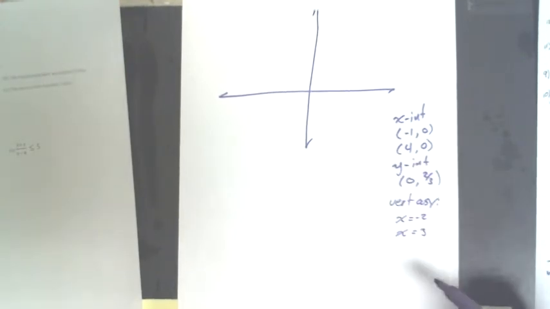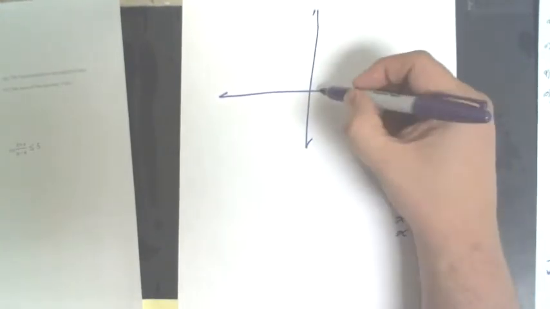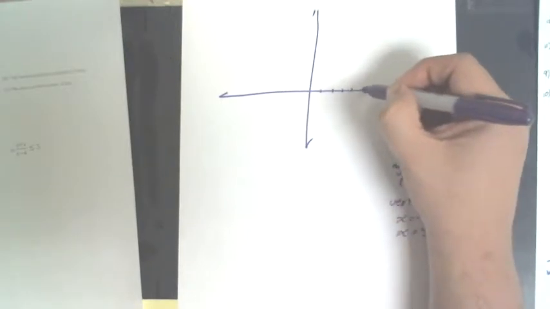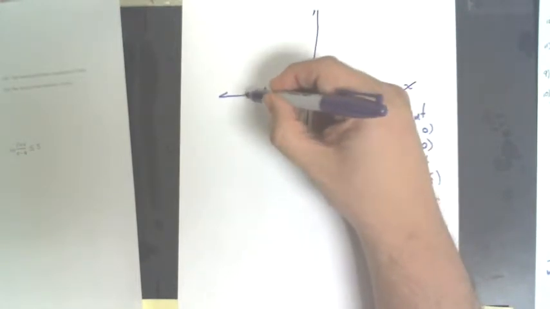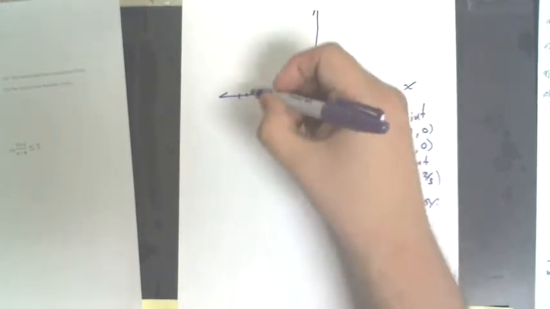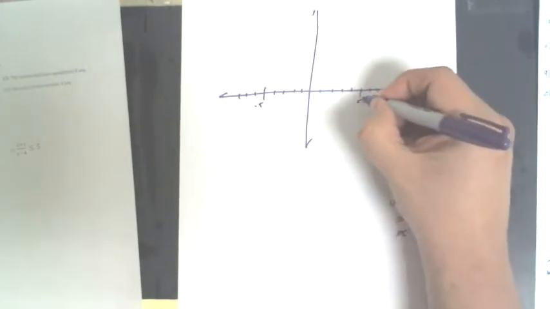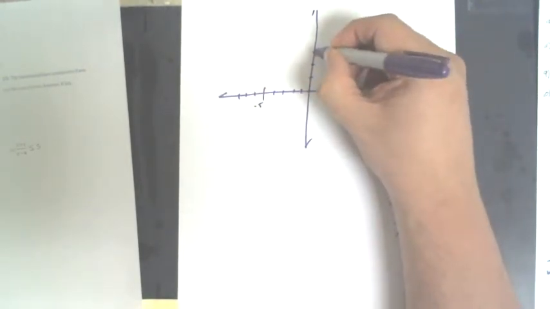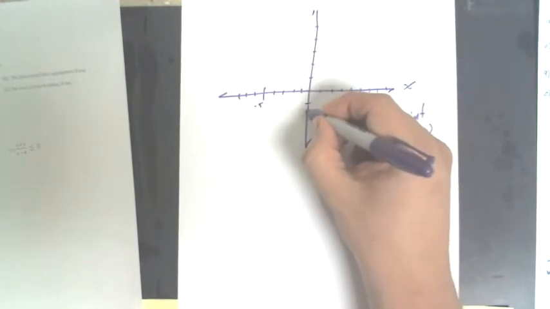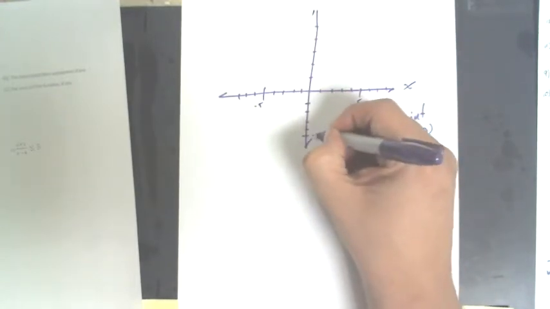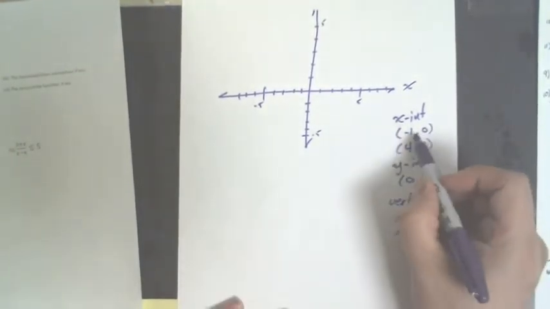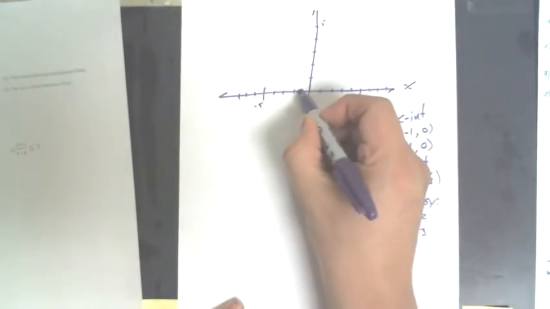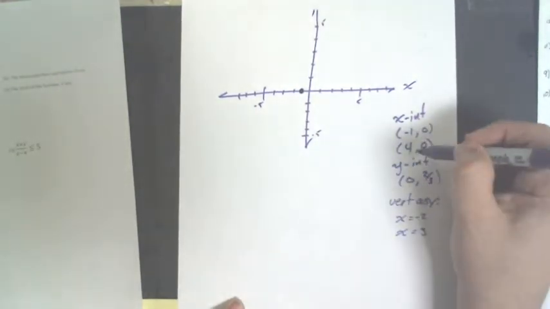So we could start plotting some of these things. 1, 2, 3, 4, 5, 1, 2, 3, that's our x. 1, 2, 3, 4, 5, 1, 2, 3, and that's -5, 5. So x-intercept at -1, 0. X-intercept right there. X-intercept at 4, 0.